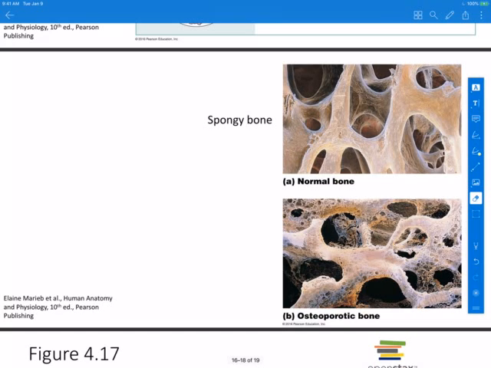The combination of the organic, inorganic components, the compact and the spongy bone, give our bones the ability to be strong yet still light.